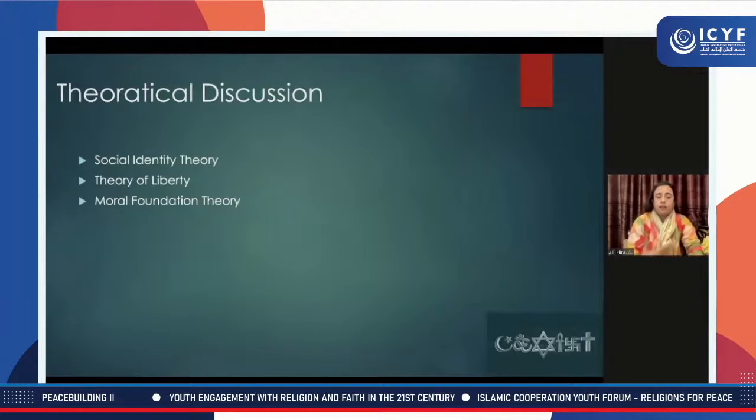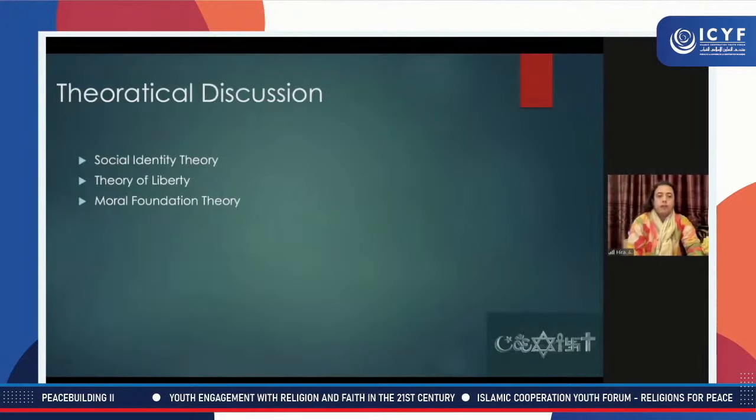Social identity theory is about how every human has their identity in their society, in their culture, in their nation, in their states. So they have their identity and they have their right to express themselves and to attain the dignity and respect they deserve.